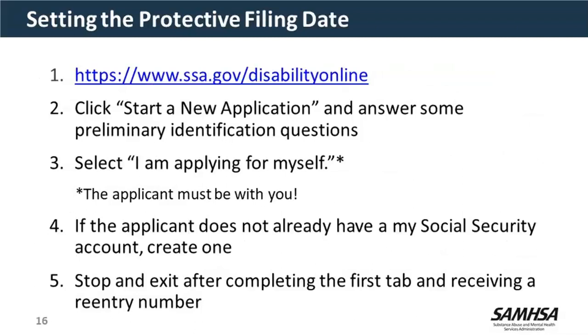All right, so setting the protective filing date. Social Security now requires that you set up a MySSA account for the person in order to do the disability application online. With almost everyone in our population, that's presented a barrier. Many of the people we work with have mental behavioral health issues, so they're unable to remember many of the questions that are required to set up a MySSA account.